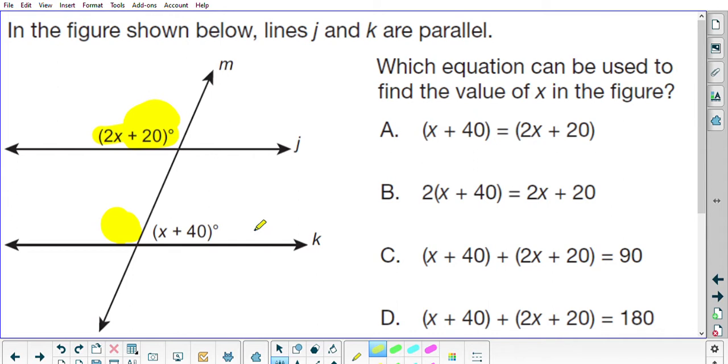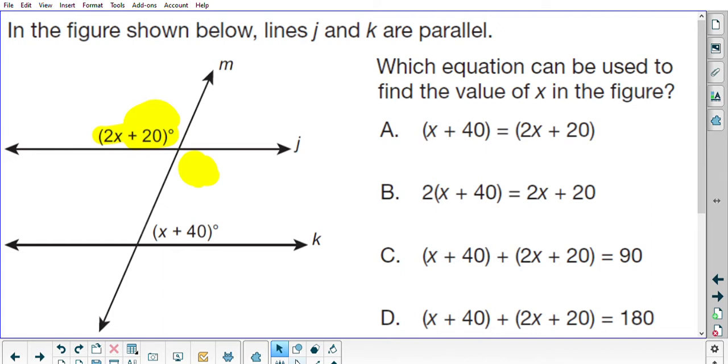Well, also, the angle in the top left-hand corner is congruent to the angle in the bottom right-hand corner because they would be alternate exterior angles, but that's not where x plus 40 is. The angle here is congruent to the 2x plus 20 because they're vertical angles, but that's not where x plus 40 is located.